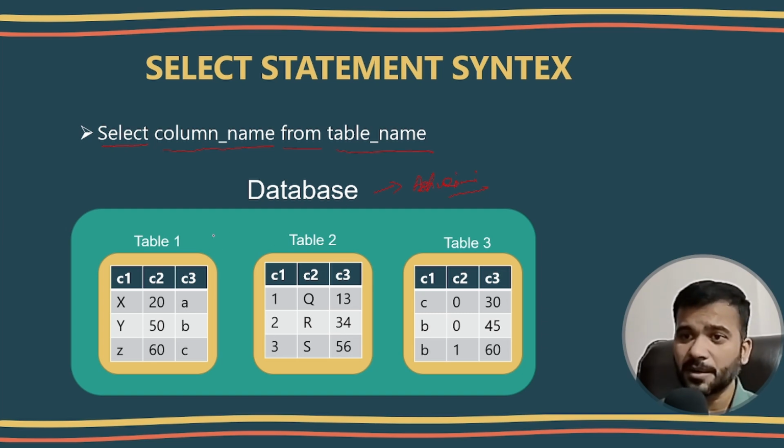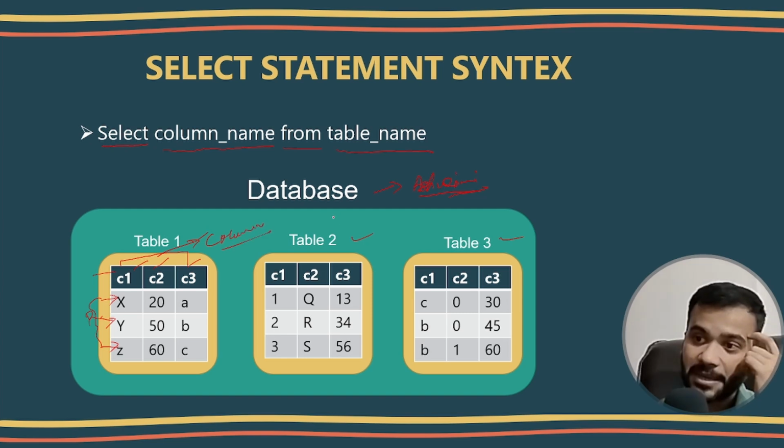Let's say Ashwini is the database. In that database, we have 3 tables: table 1, table 2 and table 3. In a table, as you are already aware, these are the columns and these are the rows. These are the rows, and these are the columns.